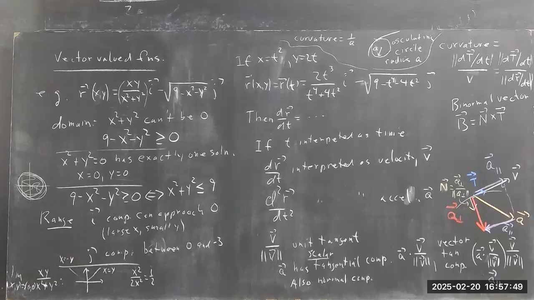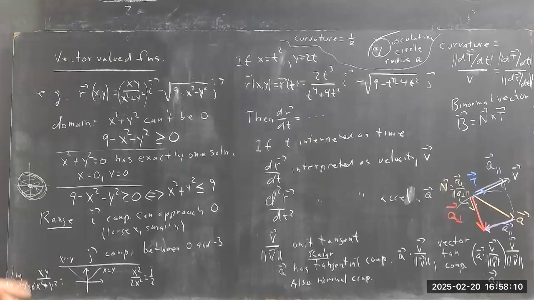Okay, so the origin has to be excluded. So we can kind of do that with an open dot around the origin. So it's everything in this disk of radius 3 except the origin. Now, that's kind of an important picture for stuff that you might encounter later on in this course and more likely in some other courses.